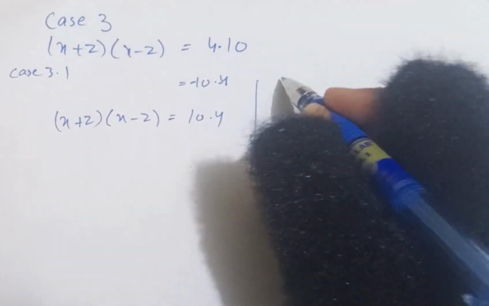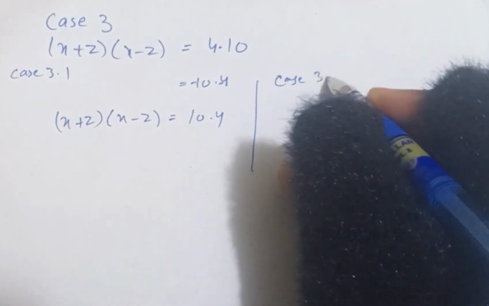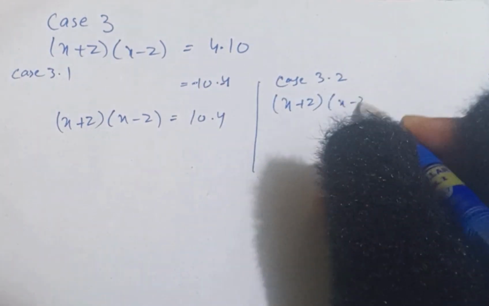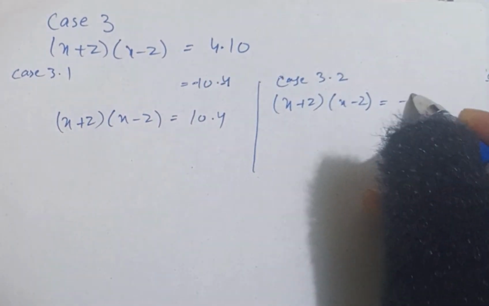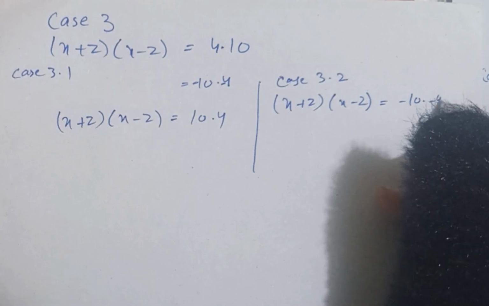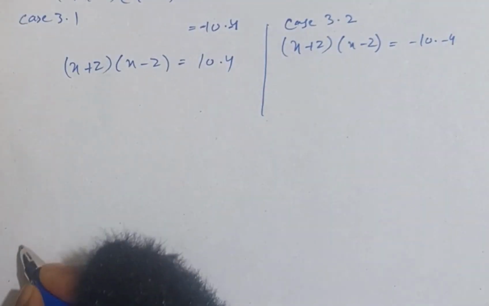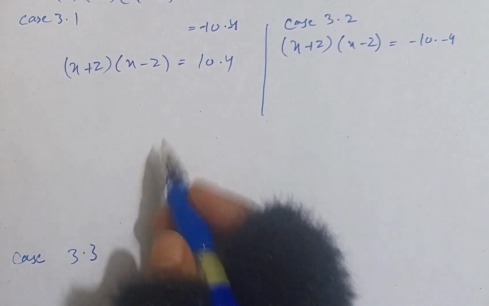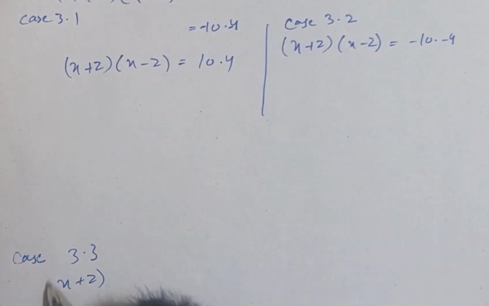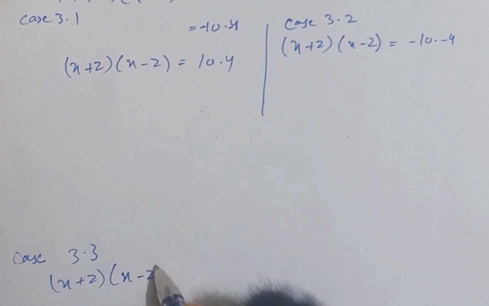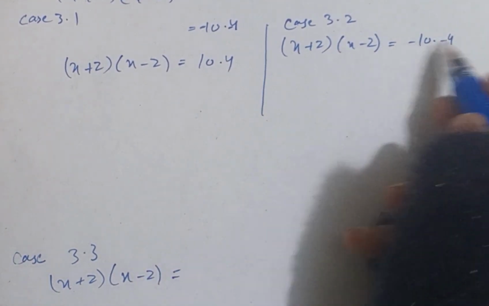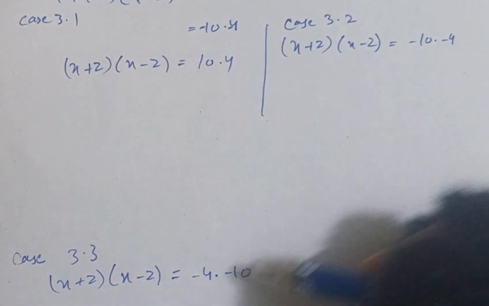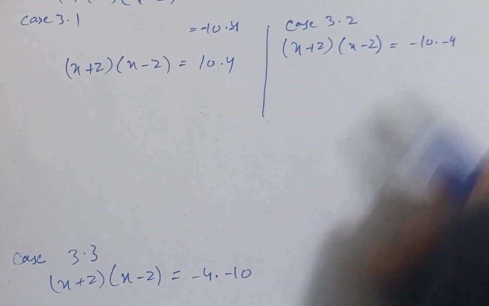So we take case 3.2: x plus z multiply x minus z is equal to minus 10 multiply minus 4. Our last case, case 3.3: x plus z multiply x minus z is equal to, we write, minus 4 multiply minus 10, which is also equal to 40.